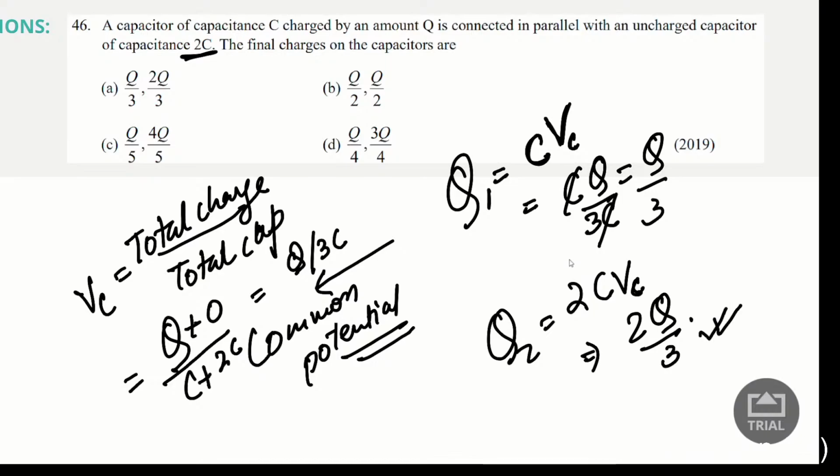Anybody doubt? So everybody got the answer correct? Yes, no, got it? Understood the logic, everybody? Understood the logic, everyone? Anybody has any doubt in this question? Come on, fast. Anybody has doubt in this question?